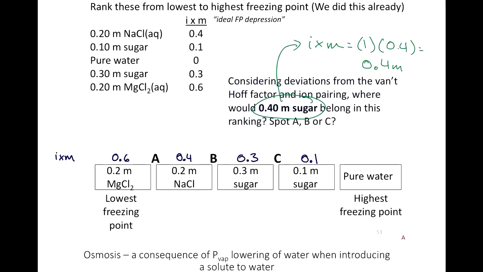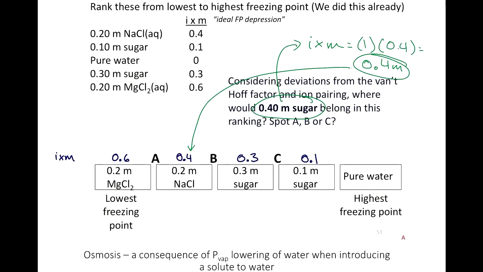Okay, so let's go back to this question and ask ourselves, where will 0.4 sugar belong? So we just got its I times M product, it's 0.4. Do you see the problem? Yeah, what's the problem? It matches something else, right? It looks like it should have the same freezing point depression as my sodium chloride example.